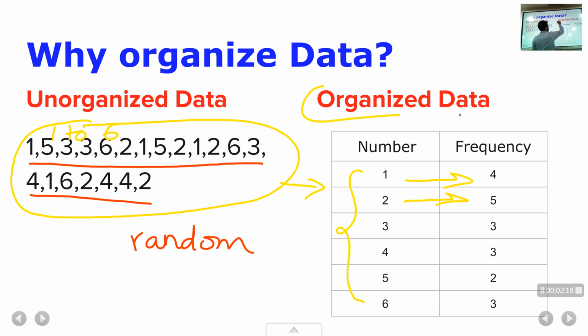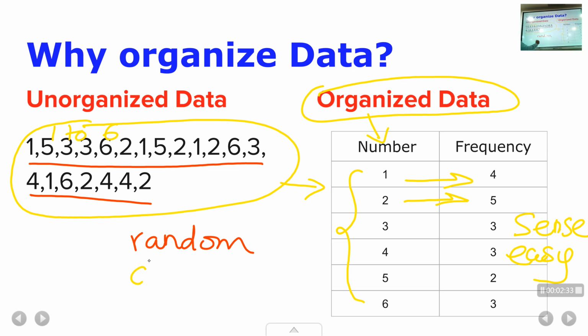If you organize the data in this fashion, then it makes some sense. It is easier for us to understand this data. Here it is difficult to understand, here it is easy. So that is why we need data structures to organize the data and to manage it efficiently.